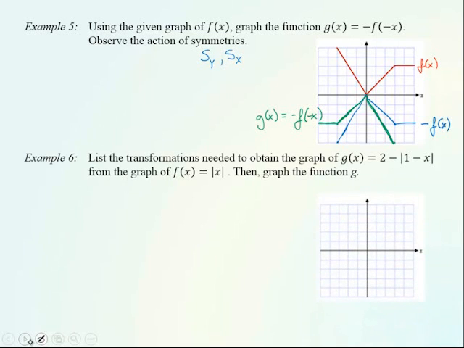And the next exercise asks us to list the transformations needed to obtain the graph of 2 minus the absolute value of 1 minus x from the graph of the basic absolute value function. Then after we realize what kind of transformations we need, we're going to graph g of x. Well, therefore, let's start with the absolute value of x first.